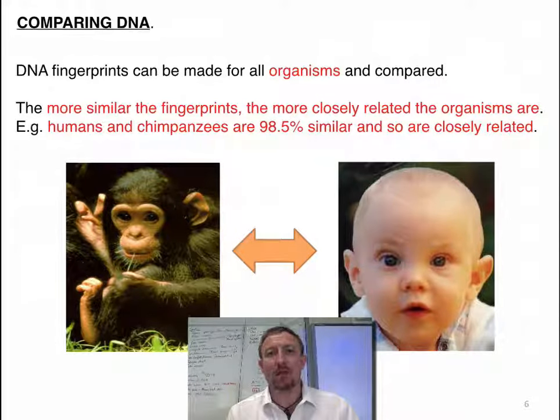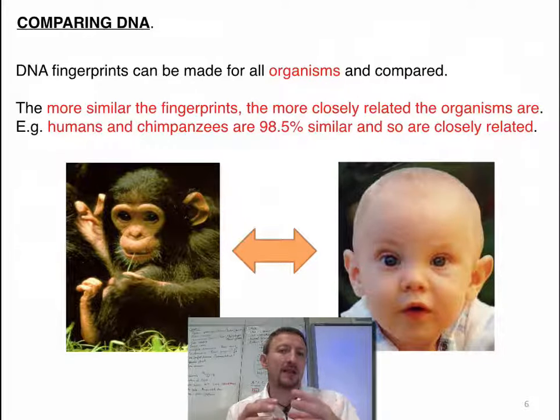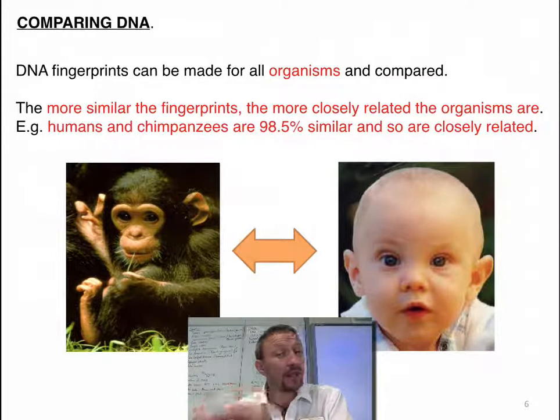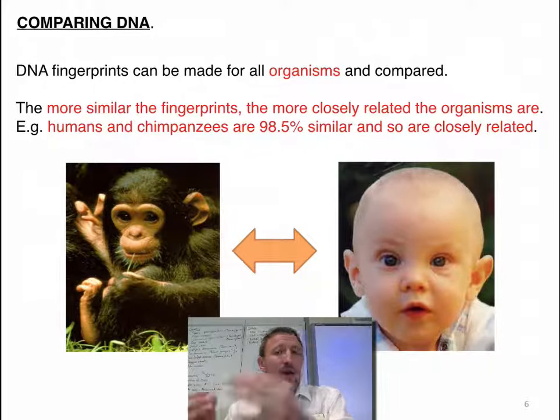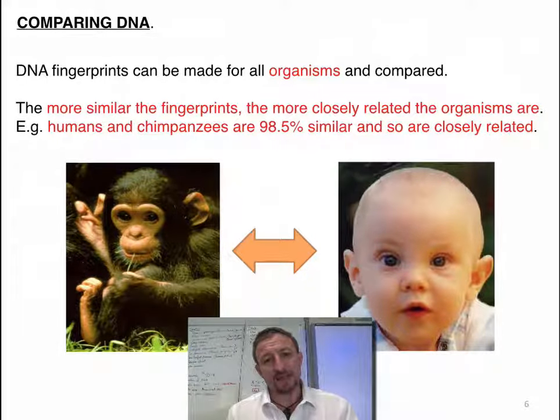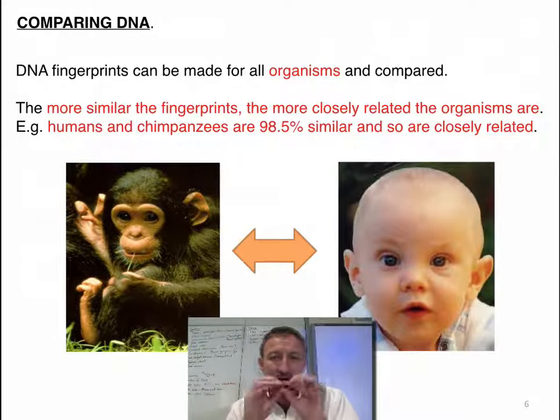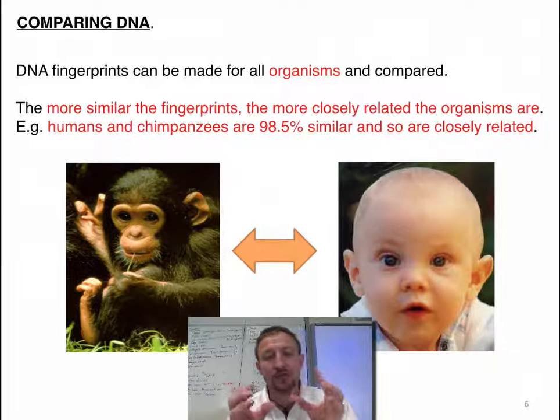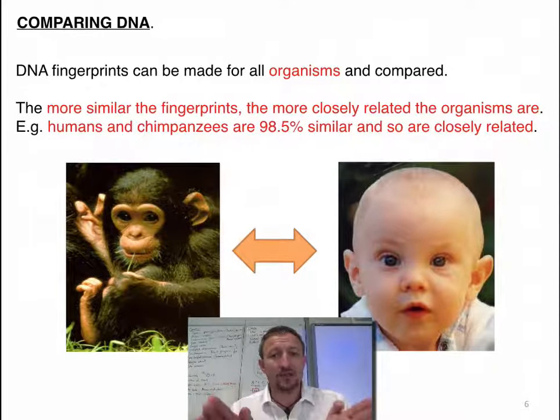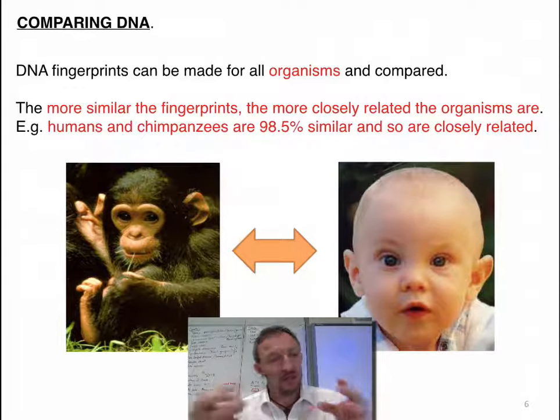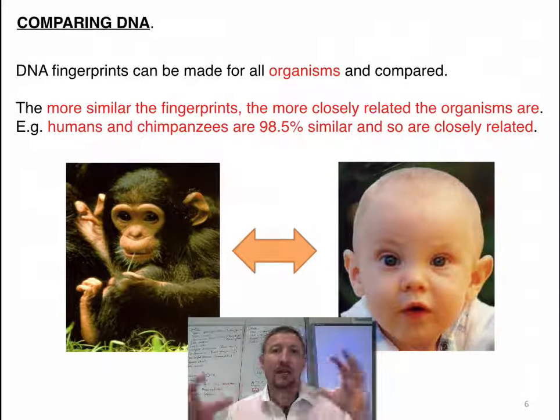Pigs' insulin was used for diabetics. Is this because the pig's DNA is very, very similar to human DNA, or did we share a common ancestor? So by looking at DNA, we are able to ascertain whether an organism has got specific links. The closer the DNA code is to an organism that you're looking at, then the more chance that they ancestrally come from the same point.